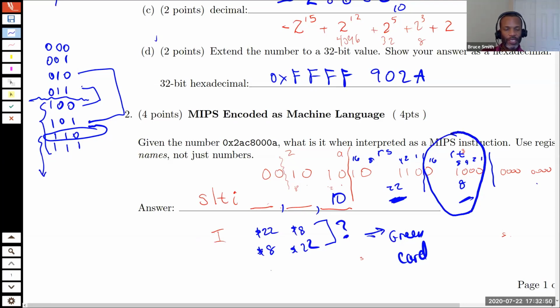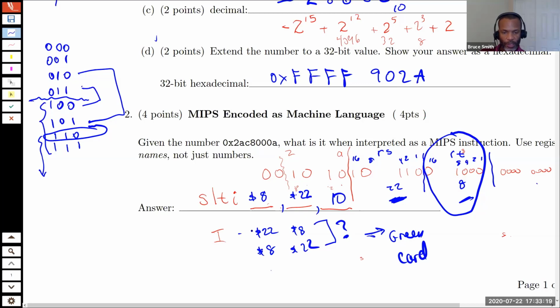That's what I mean when I say it gets clobbered. It looks like register 8 is the one that gets assigned a value, and that value is the result of the comparison between those two. Whatever those, there's register 22 and there's a value of 10 since it's an immediate instruction.